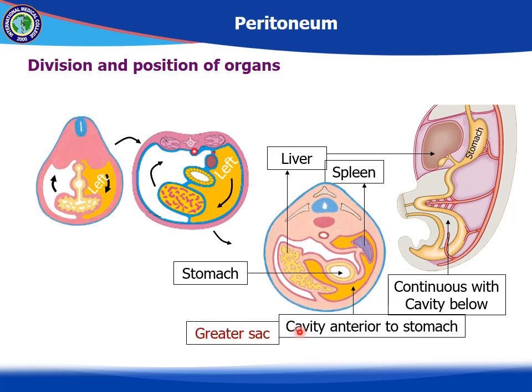So this cavity is called a sac, and this is the greater part of the sac. So this is known as the greater sac, and the trapped part behind the stomach is known as the lesser sac. These folds, sacs and spaces will be discussed in detail in part 2 of this presentation.